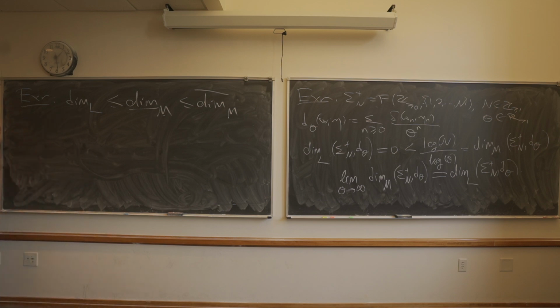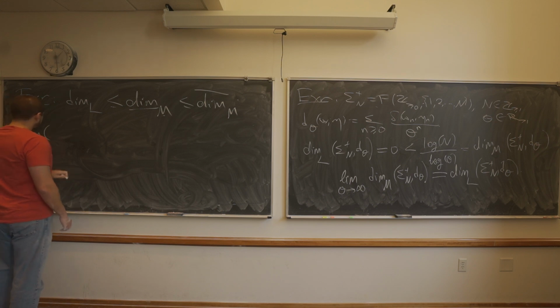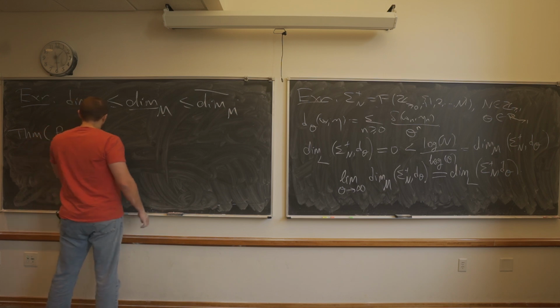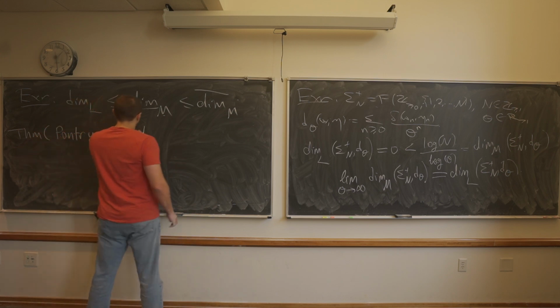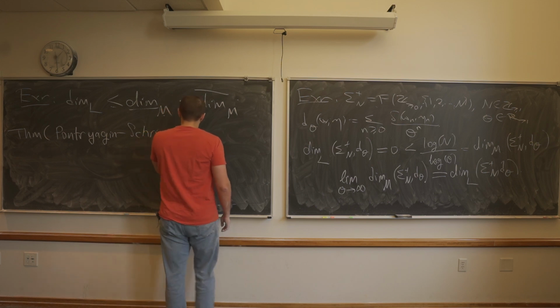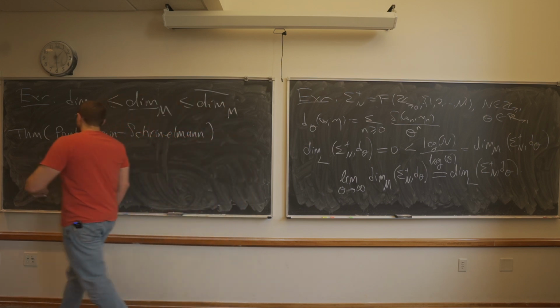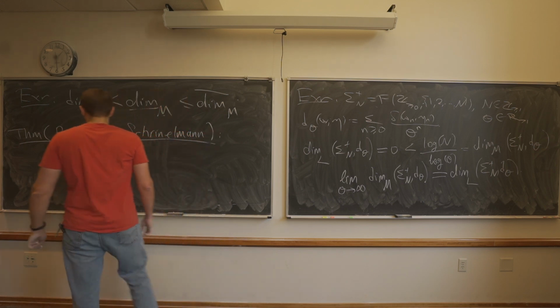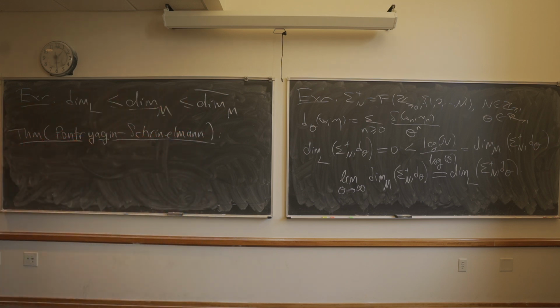I'm just going to state it as a theorem. I think it's a beautiful theorem, but it's somewhat technical, possibly, and it will take some time. Pontryagin-Schrinelmann. For any compact metric space, I think totally bounded should be sufficient actually.